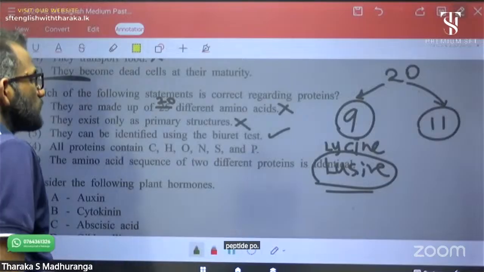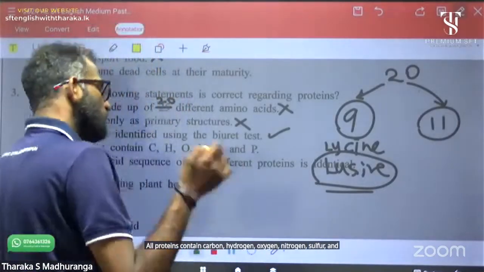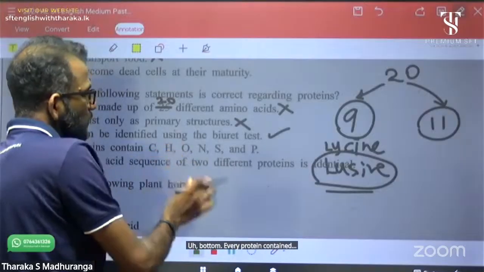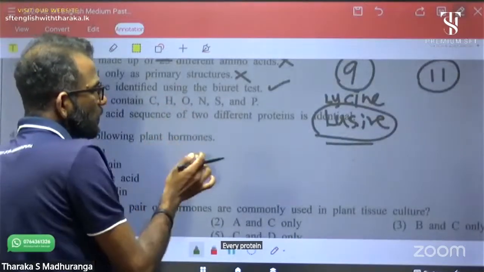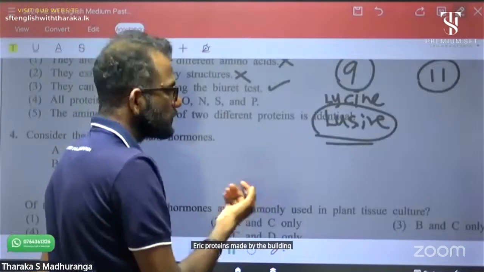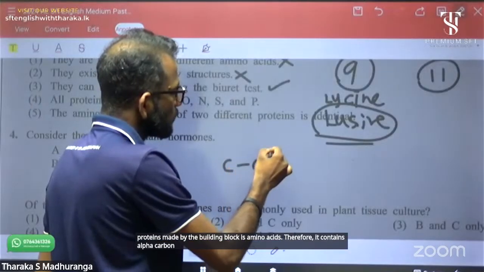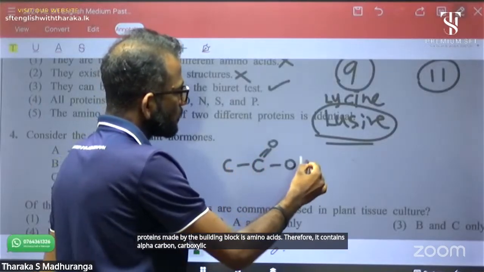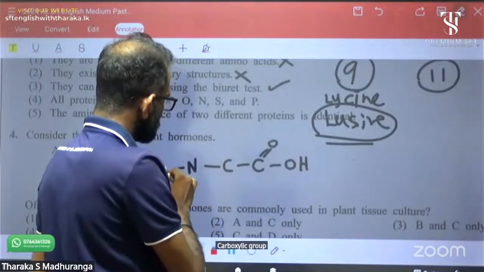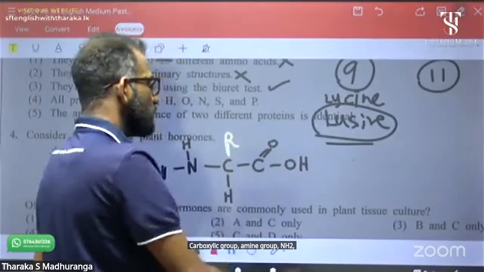All proteins contain carbon, hydrogen, oxygen, nitrogen, sulfur, and phosphorus. Every protein is made of the building blocks called amino acids. Therefore, it contains an alpha carbon, a carboxylic group, an amine group, NH2, and an R group, right?